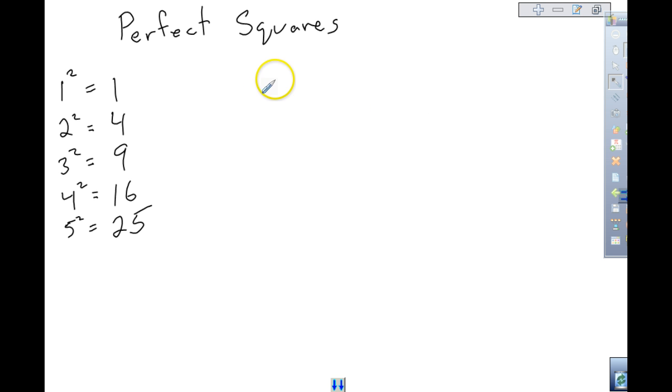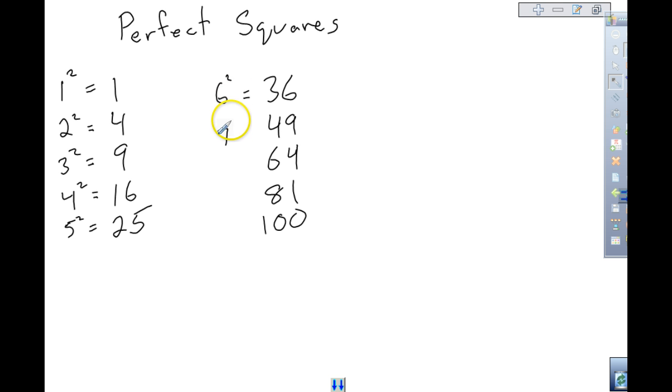Okay, go ahead and finish this. Go a little longer. What's the next number? 36. 49. The next perfect square. So what we're going to develop is an eye for perfect squares.